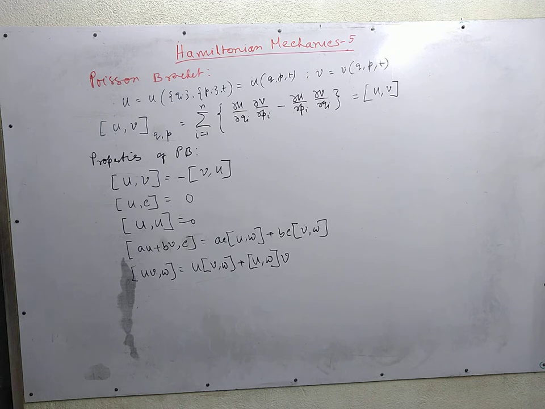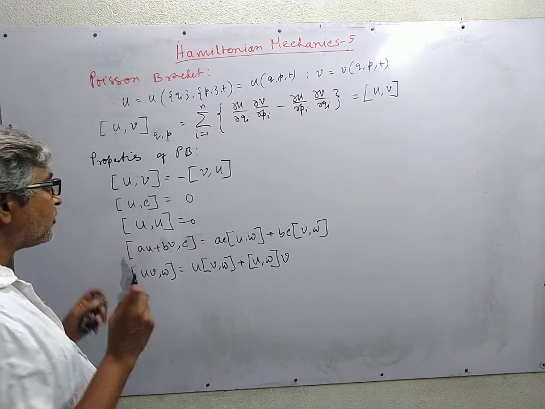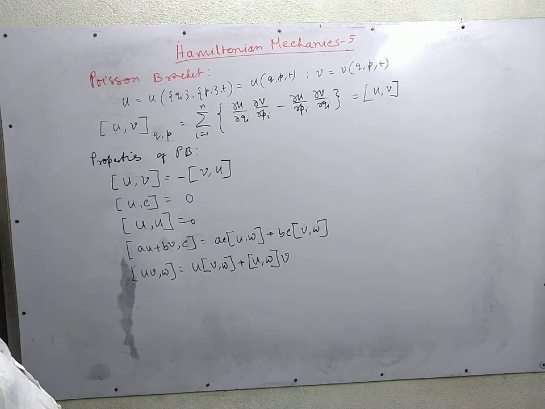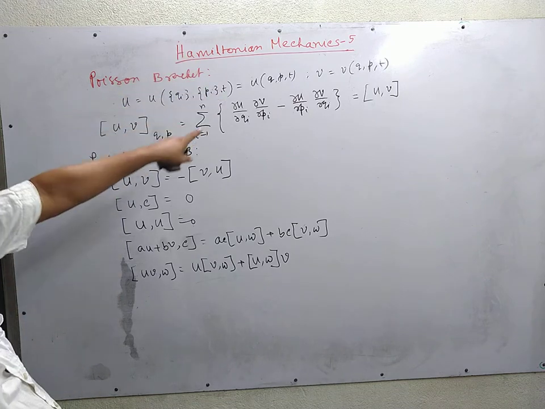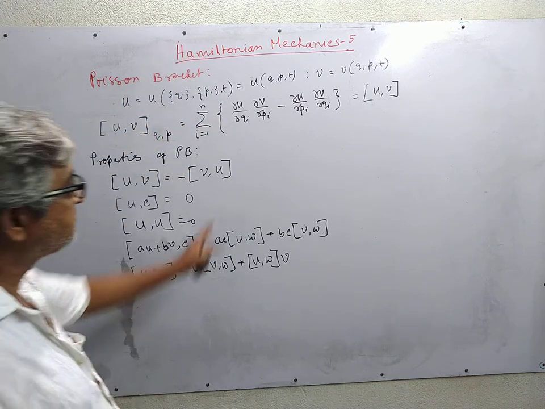So these are a few basic properties of the Poisson bracket, and then I am coming to some more involved properties. Say R is a quantity on which U, V and these quantities p, q depend.